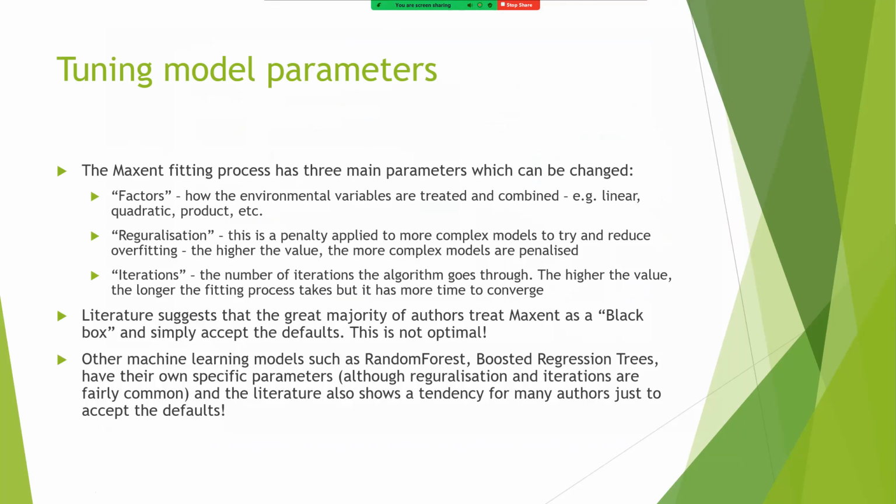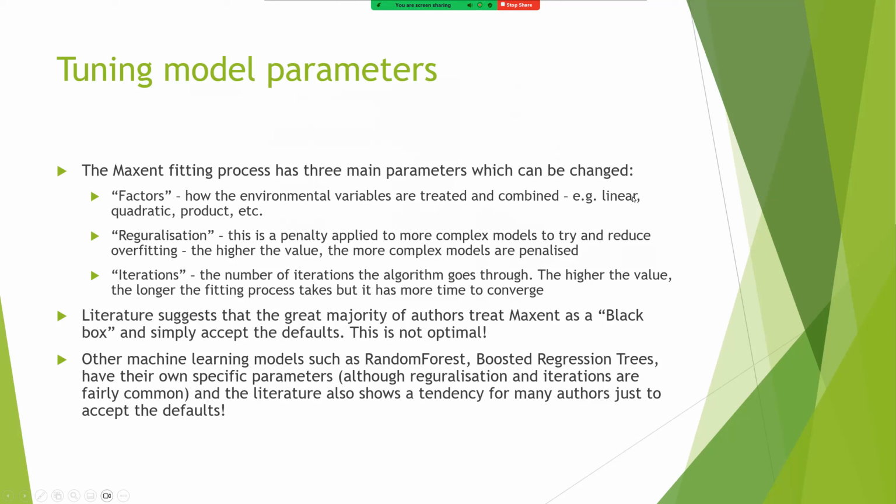The other thing we did so far today and when we ran Maxent last week was we simply accepted Maxent's default parameters. Maxent actually has a series of parameters which can be changed. The factors are how the environmental variables are treated and turned into things that are actually going to be calculated by Maxent.